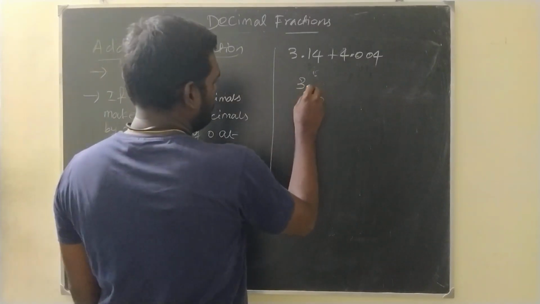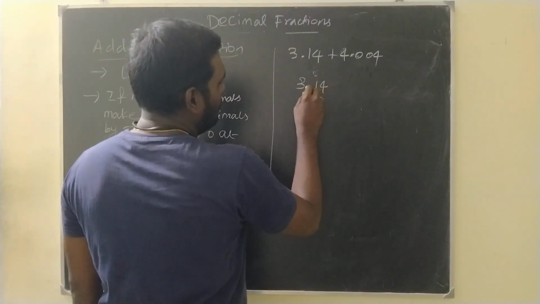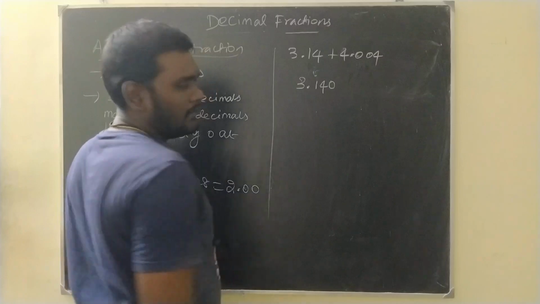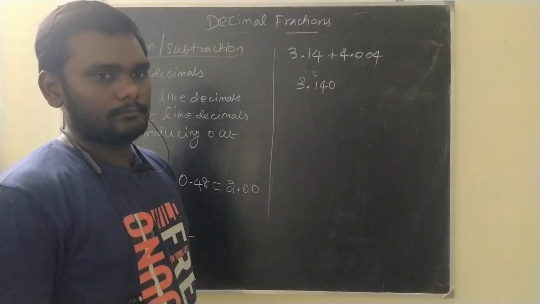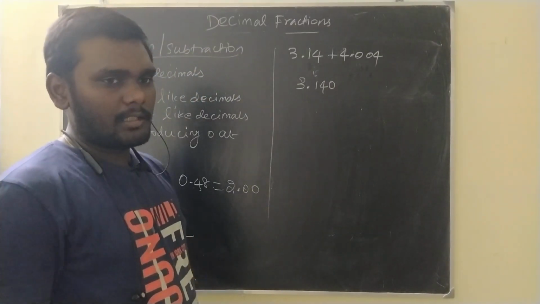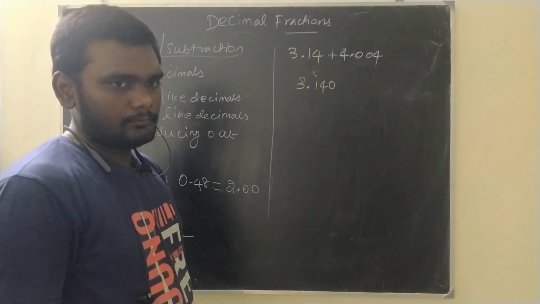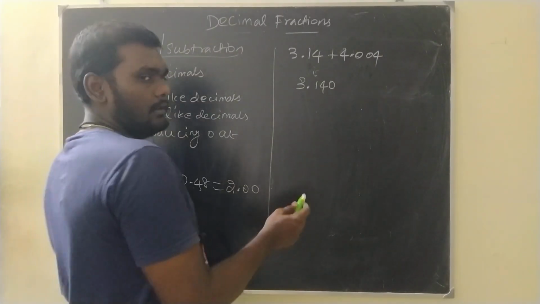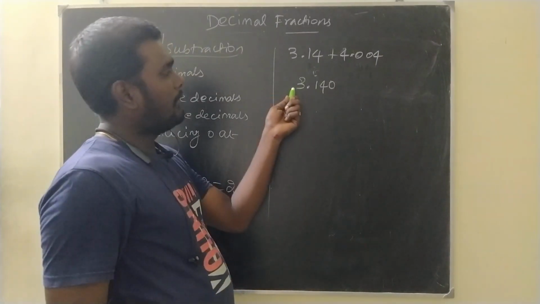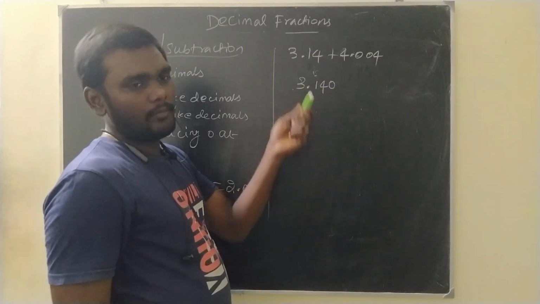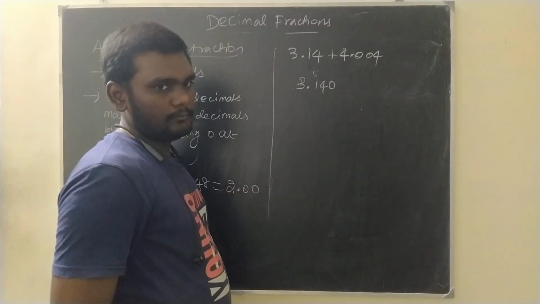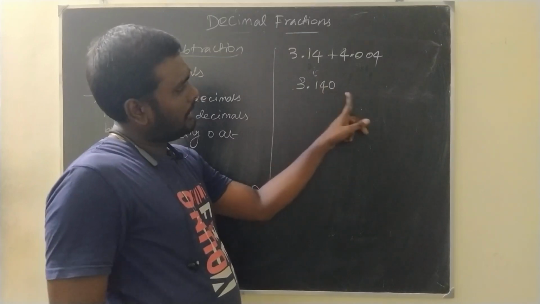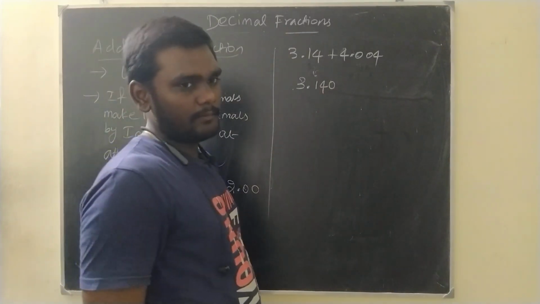How? See, 3.14. After this we can add one 0. The value will not change. If you add 0 before also, the value will not change. Add 0 after also, the value will not change, because there are infinitely many zeros after this.